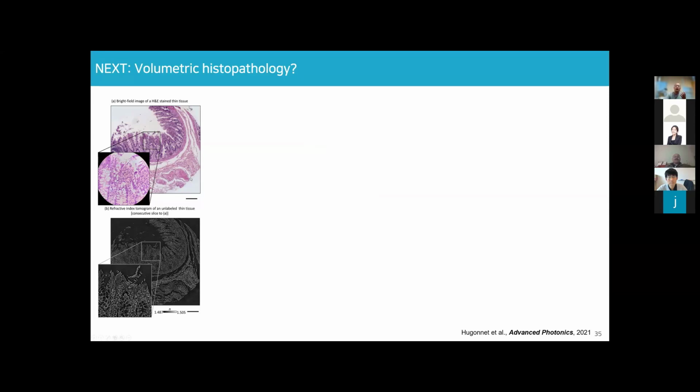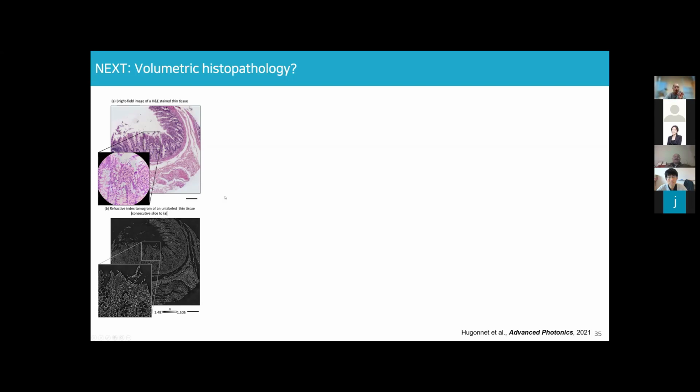If you look at conventional microscopic imaging in a histological or pathological lab, they use very thin slides of tissue sections. This is because they have to introduce H&E staining. If you have thick tissues, it takes a long time to fully label them.